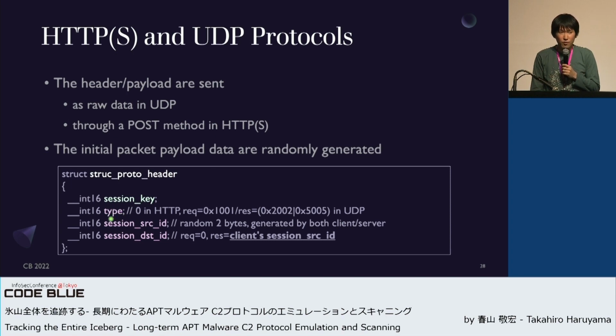I call it type, and the others are session IDs. The session source ID sent by the client will be set in the session destination ID on the server side. So we can utilize these red-colored field values for the format validation.